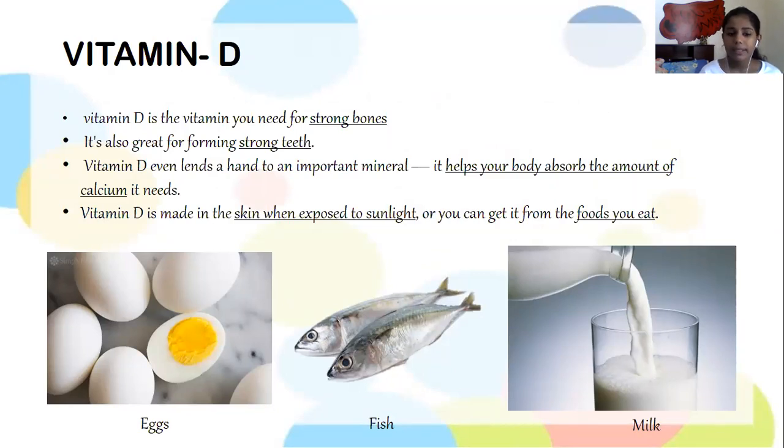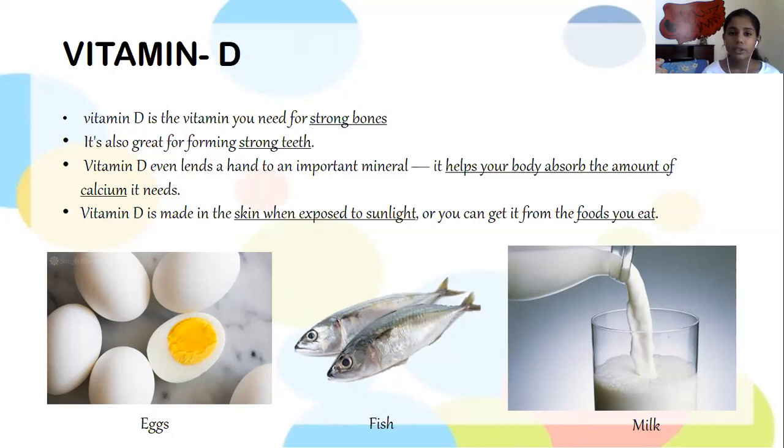Calcium is present in all the milk and dairy products you eat. Vitamin D helps your body to absorb the amount of calcium your body needs. So milk has calcium, dairy such as butter, cheese, all of these products have calcium in them, and vitamin D helps you to absorb that calcium the body needs.